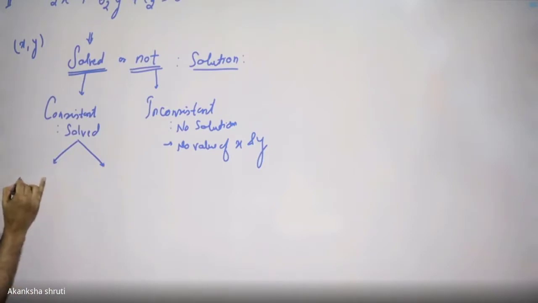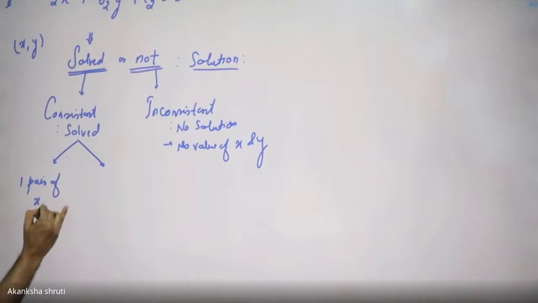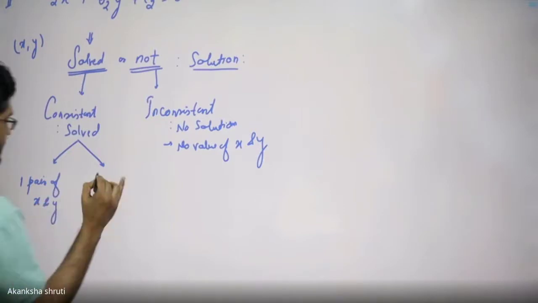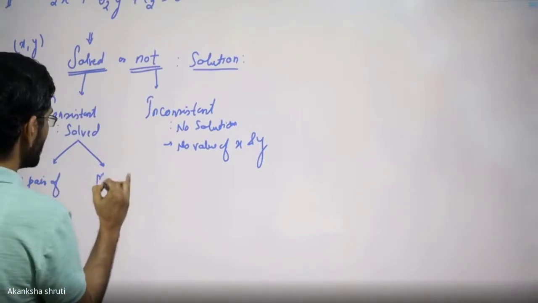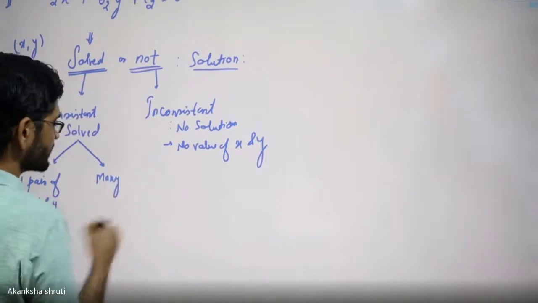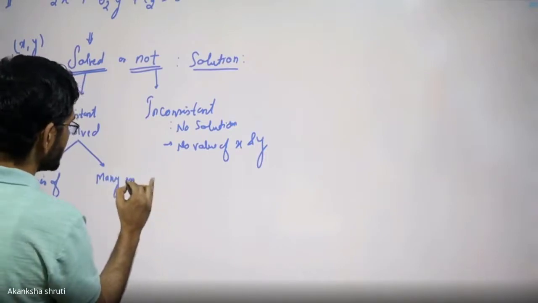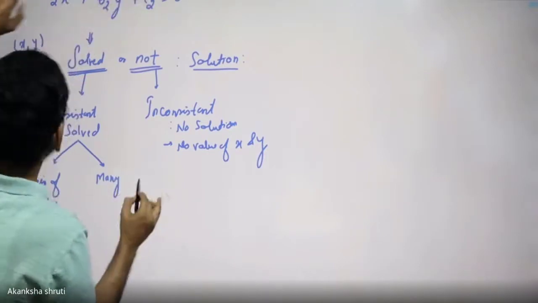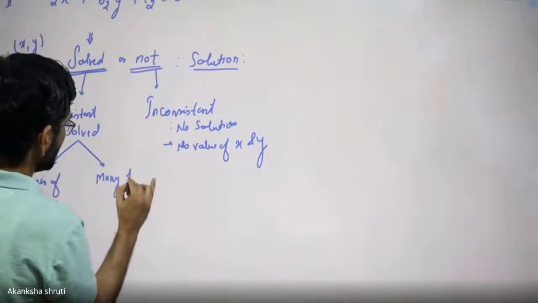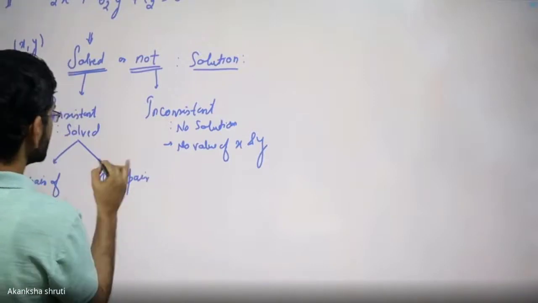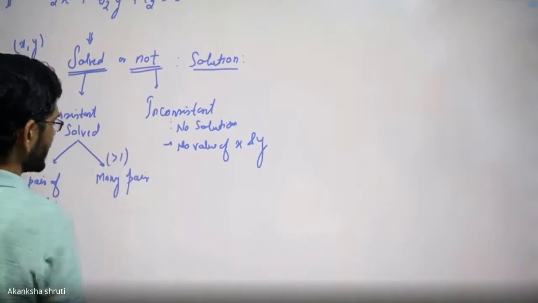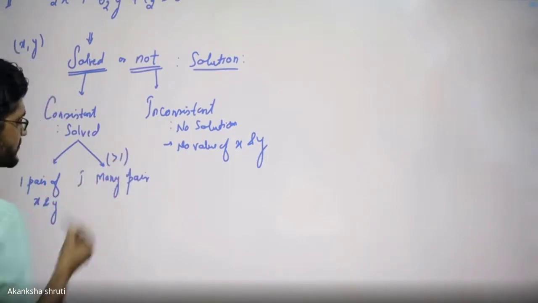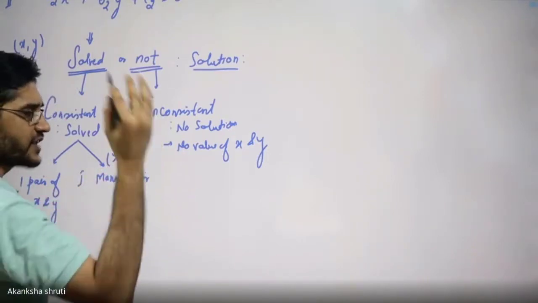Only one pair of x and y, or maybe many pairs. If it is more than one pair, then there are always infinitely many pairs. If it is more than one, then surely it will be 100,000 or any number.